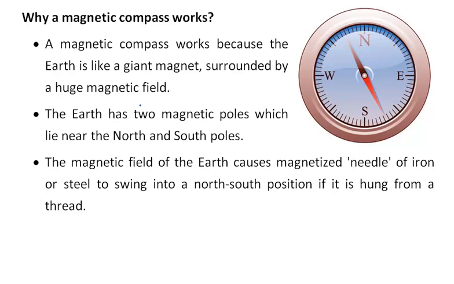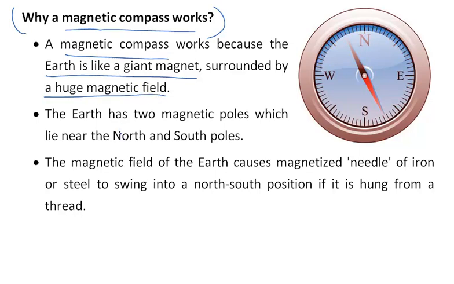Now to discuss this point in detail, we should also look at one more interesting thing, that is how a magnetic compass works, or why a magnetic compass works. The reason is that Earth itself is acting like a giant magnet, and the magnetic compass works because there is a magnetic field of Earth.